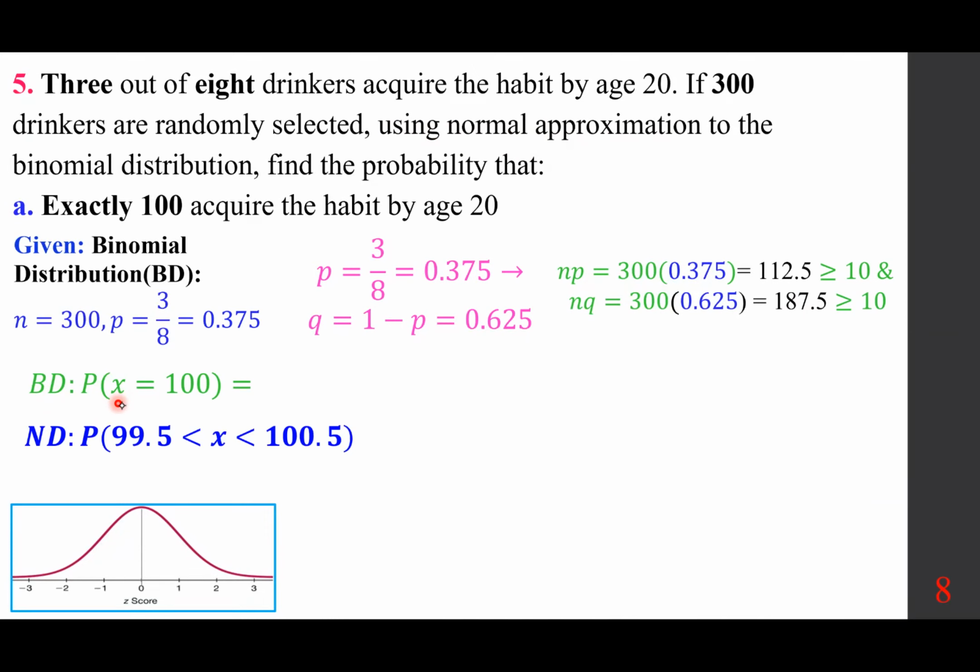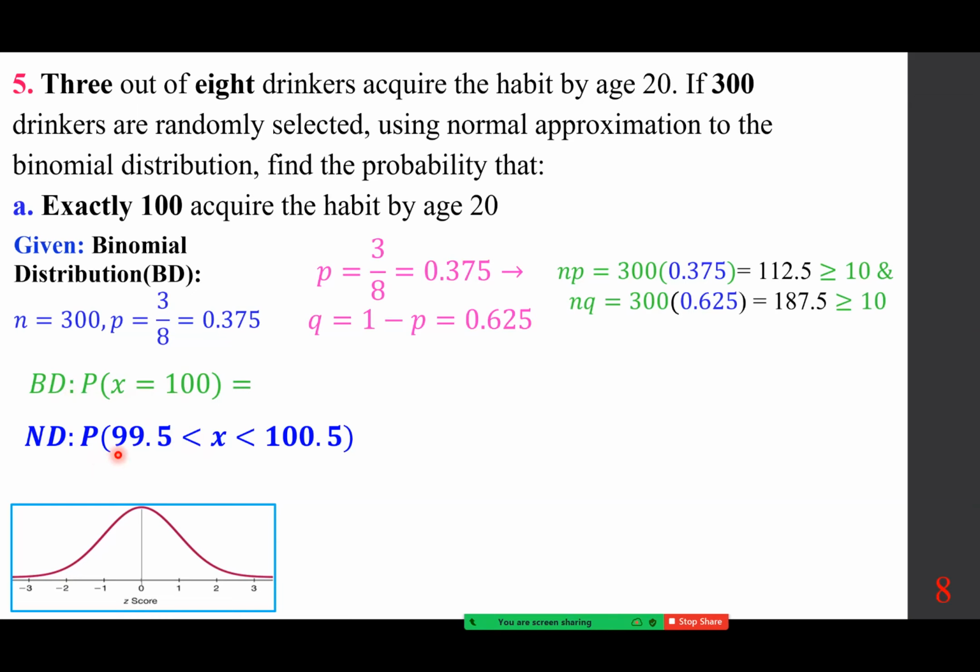The bottom line is when we want to go from a discrete to a continuous, we need to make up an interval, and normally we use 0.5 because the probability of a single value is 0 when it comes to normal distribution, which is a continuous distribution. So binomial distribution, normal distribution.